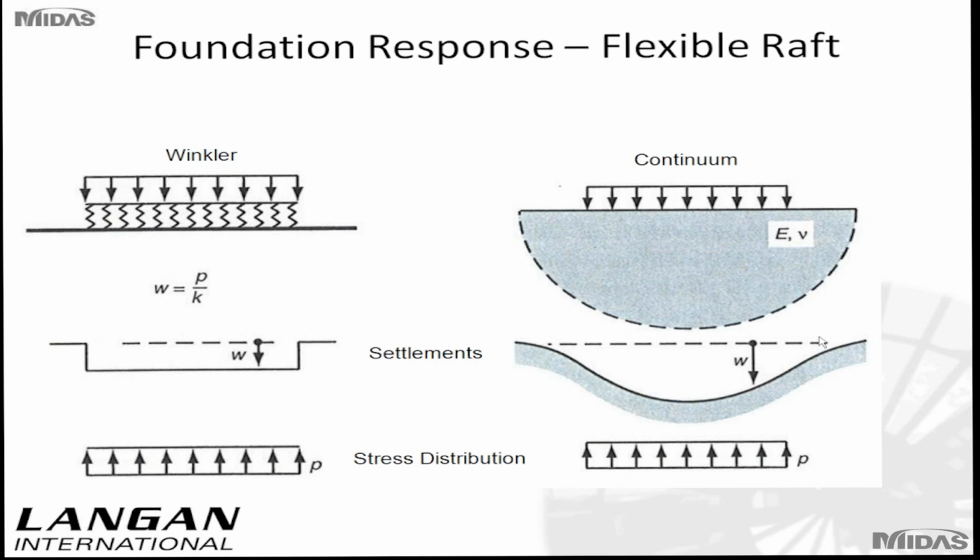Now, in the extreme case of a flexible raft, again on the left-hand side you have a single set of springs, which gives you uniform settlements and a uniform stress distribution.